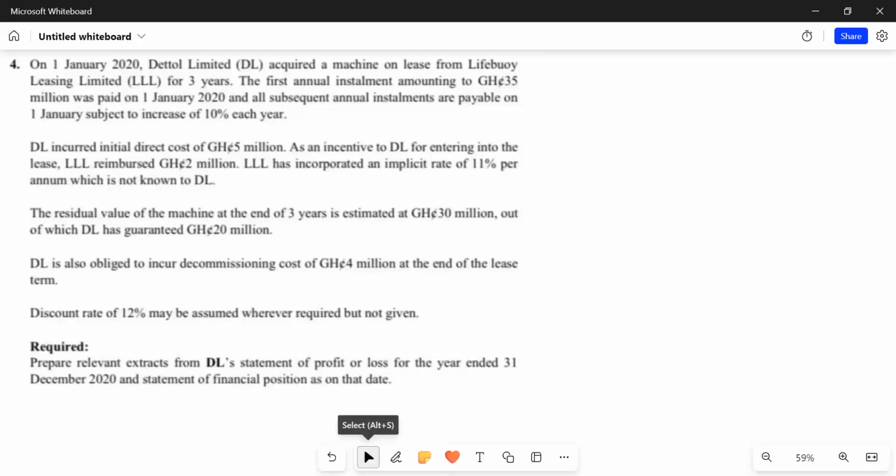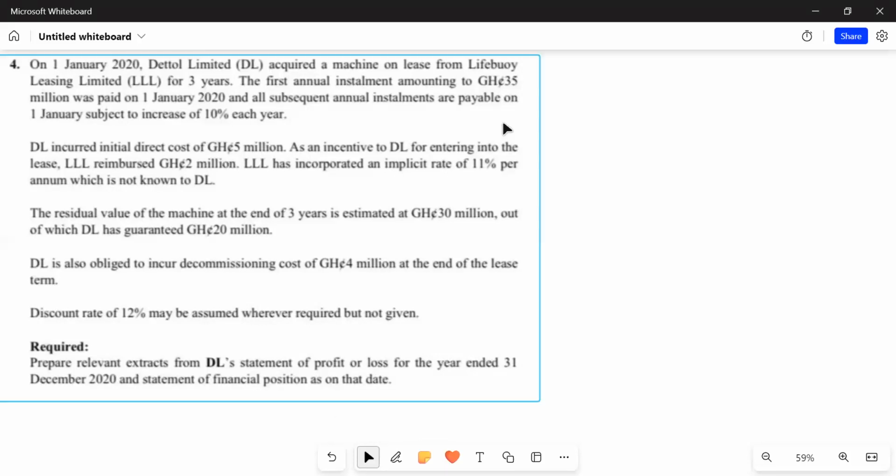On 1st January 2020, Debtor Limited, DL, acquired a machine on lease from Lifebuoy Leasing Limited for 3 years. The first annual installment amounting to 35 million was paid on 1st January 2020, and all subsequent annual installments are payable on 1st January, subject to an increase of 10% each.